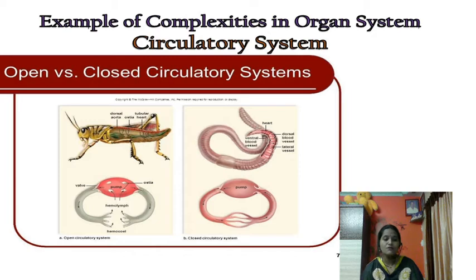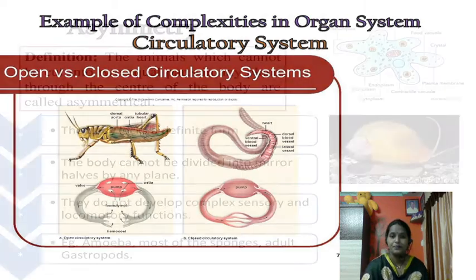And in closed type of circulatory system, blood is circulated through a series of vessels, for example veins, arteries and capillaries. All the higher animals from phylum Annelida onwards show closed type of circulatory system.